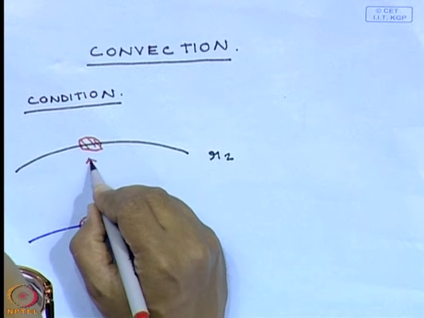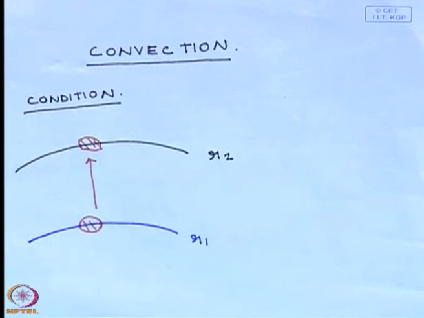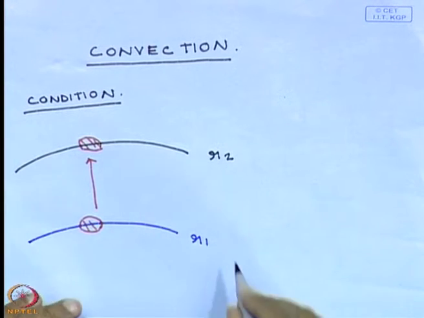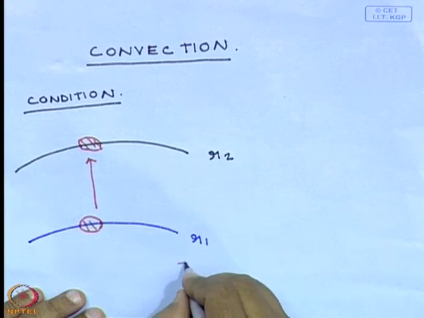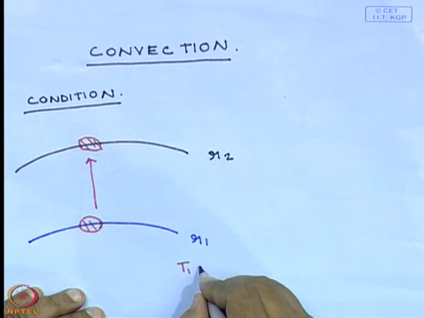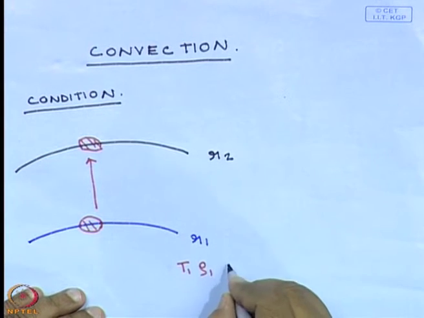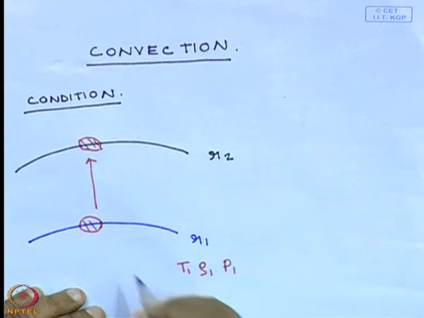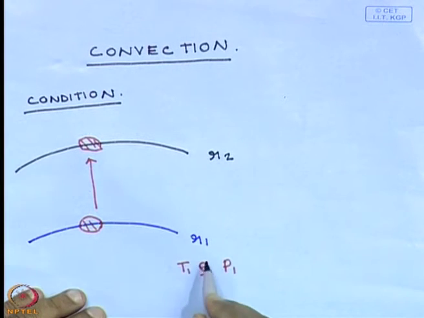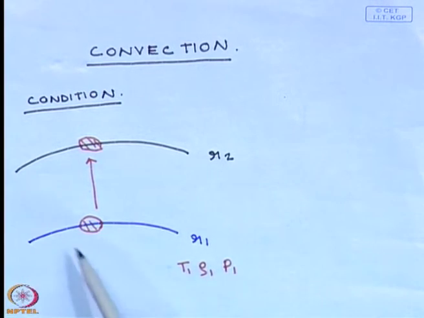The temperature at the first point is T1, the density is rho 1 and the pressure is P1, and the bubble to start with is in equilibrium with the surrounding material. So, it has the same temperature, pressure and density as the surrounding.